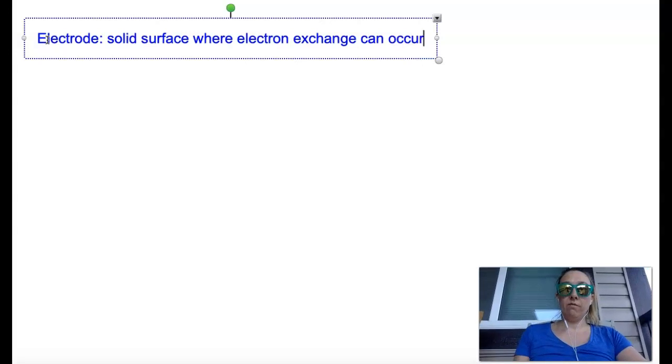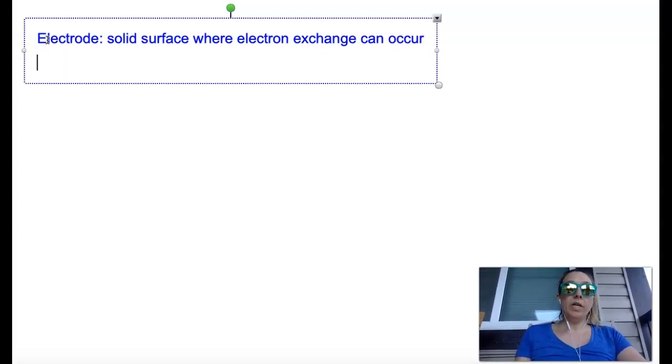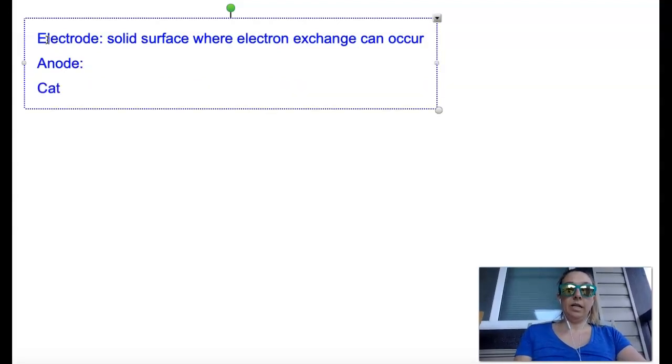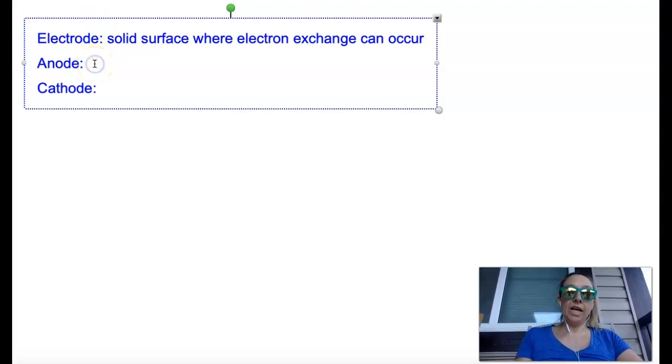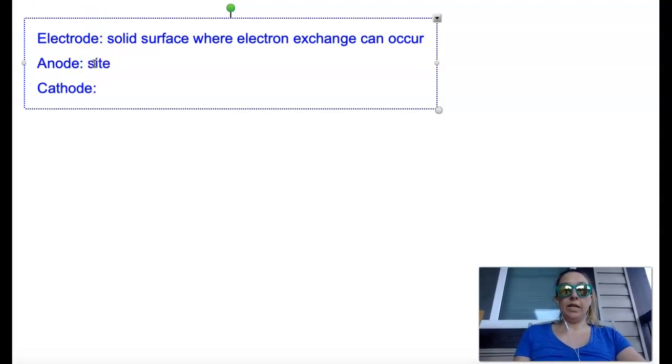Okay, and those of you that have taken physics, you're probably somewhat familiar with that term. So when we talk about electrodes, we have two electrodes. One of them is going to be the anode. The other one is the cathode. Okay, so the anode is the site where oxidation occurs.